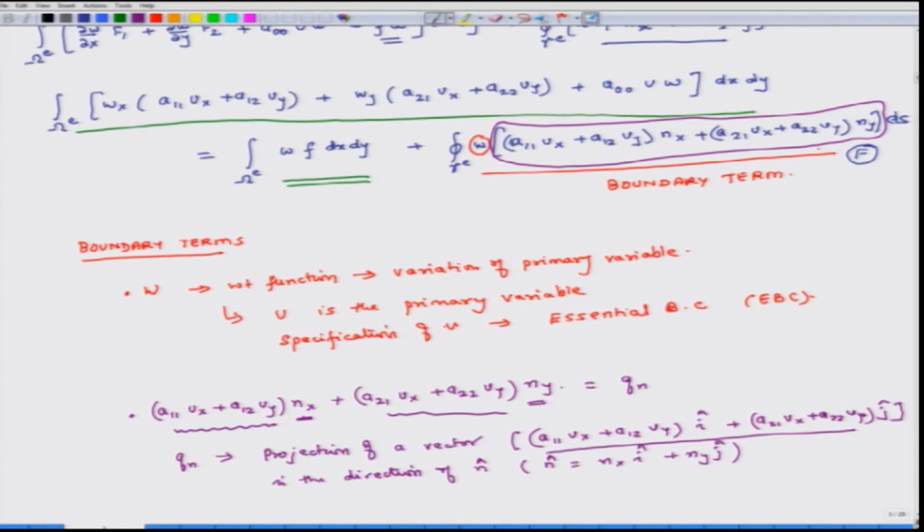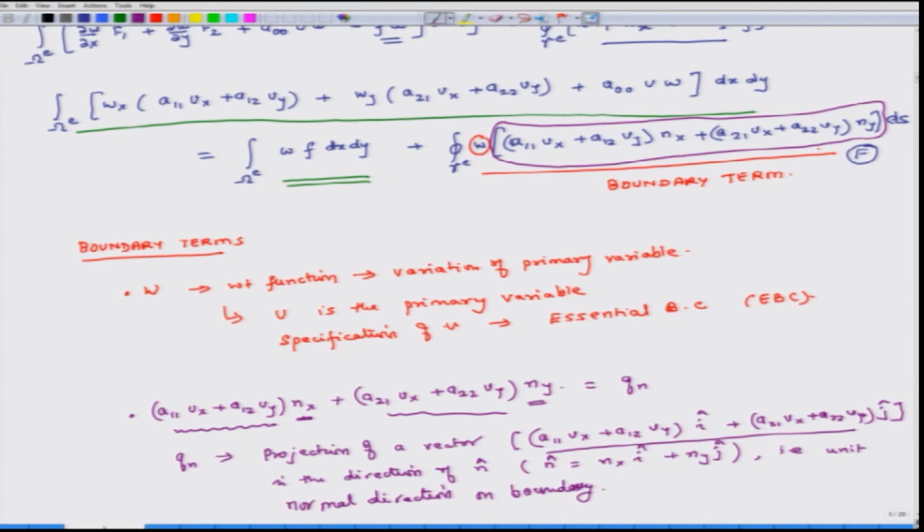So, it represents projection of this vector in the direction of the unit normal on the boundary.